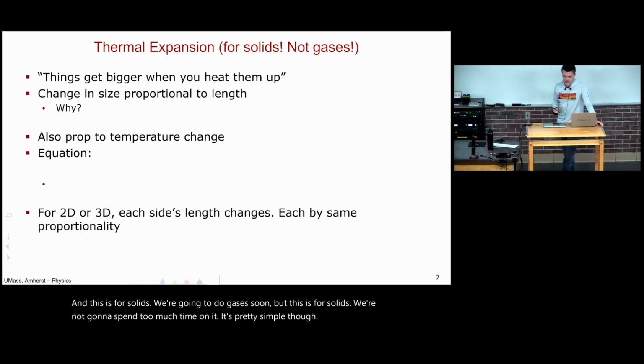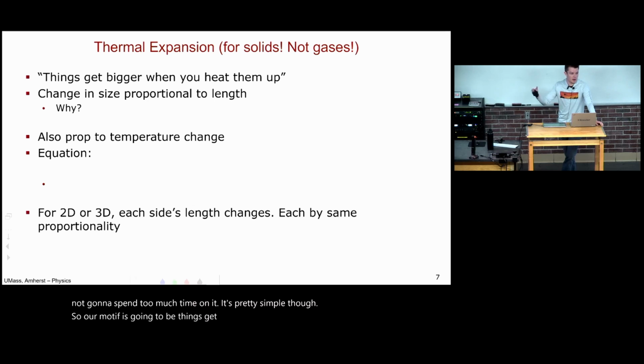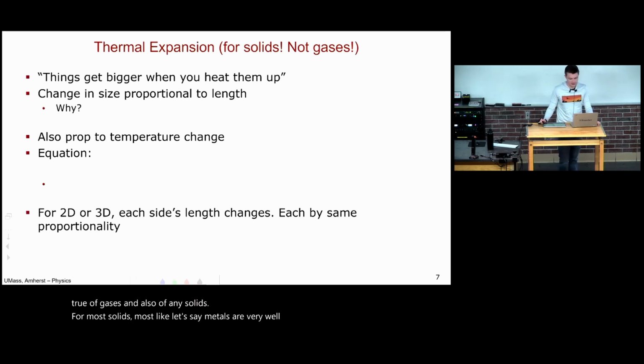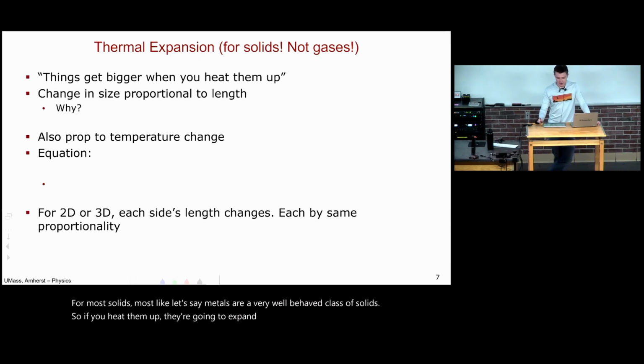So our motif is going to be things get bigger when you heat them up. That's true of gases and also of any solids. For most solids, like let's say metals are a very well-behaved class of solids, if you heat them up, they're going to expand slightly, thermal expansion.